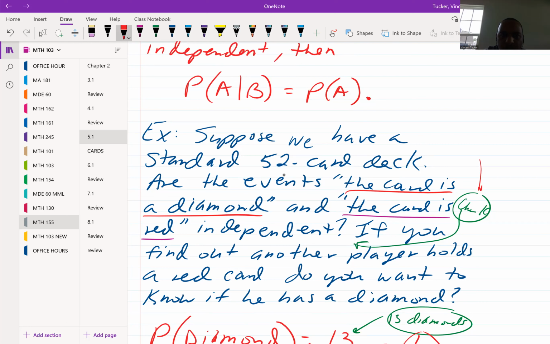So we have the events: the card is a diamond and the card is red, independent. Okay, I don't know what I did there. So we'll see, maybe it'll come up as I talk about it.